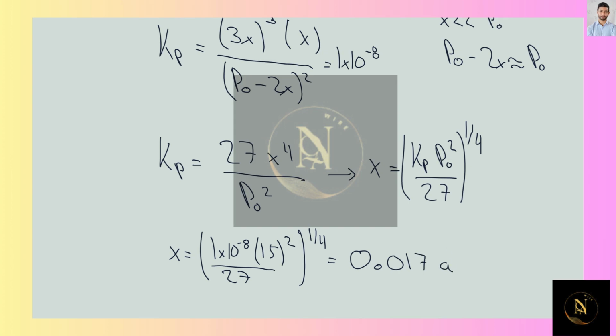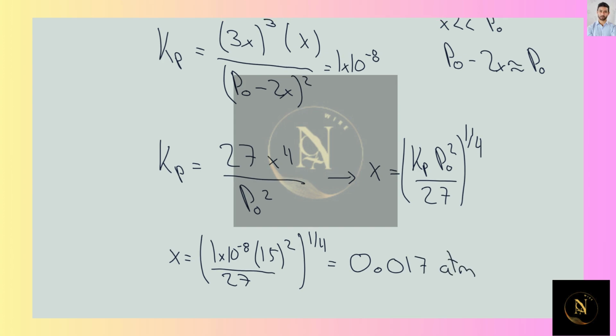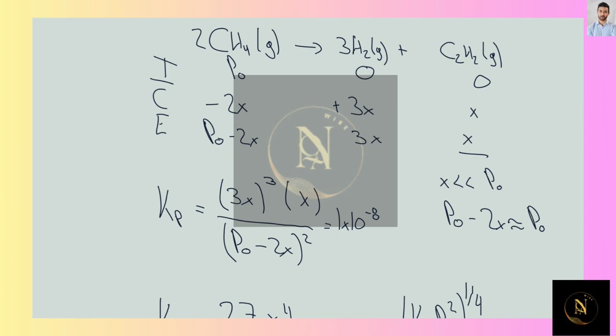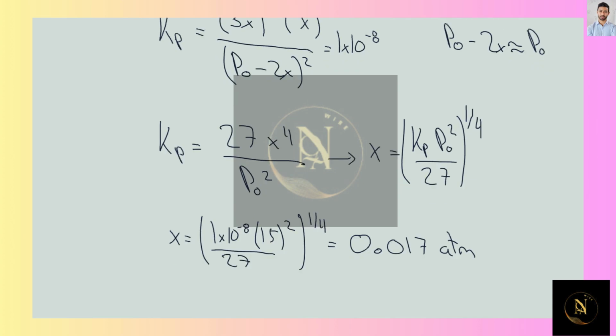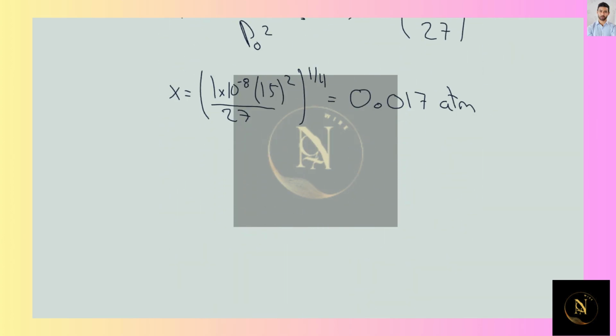So the result that we're going to find here is equal to 0.017 atmospheres. Now we can proceed and look at the equilibrium concentrations: hydrogen, that is equal to 3x, C2H2, which is equal to x, and CH4. For each of these cases, we can know the concentration since we have already solved for x.